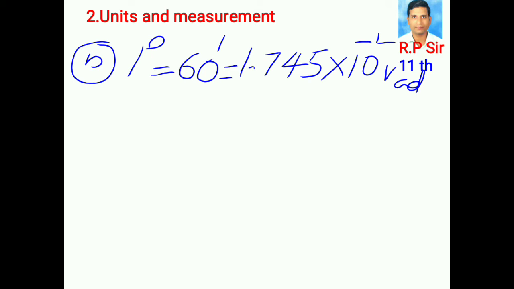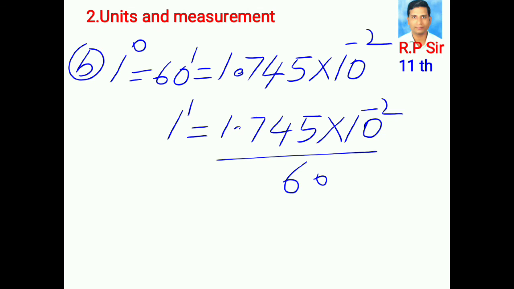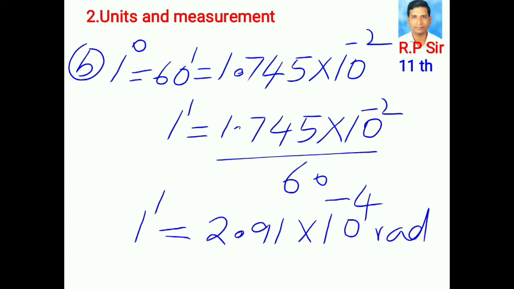As we know, 1 degree equals 60 minutes equals 1.745 into 10 power minus 2 radians. Therefore, 1 minute equals 1.745 into 10 power minus 2 by 60. Finally, 1 minute equals 2.91 into 10 power minus 4 radians.